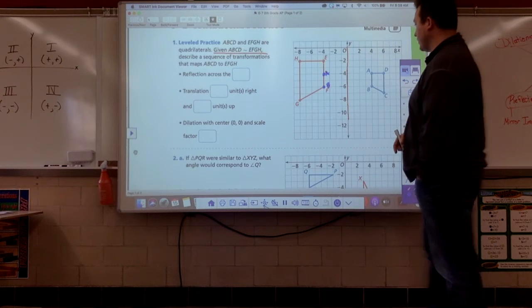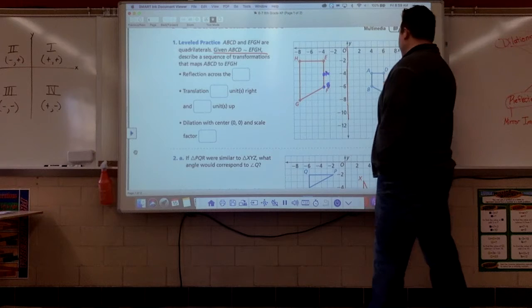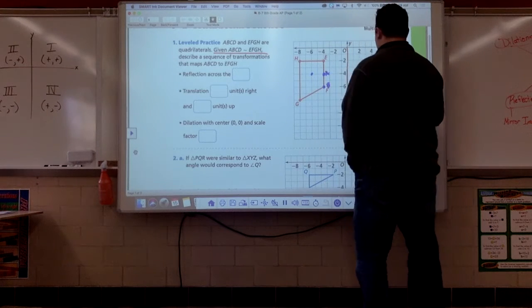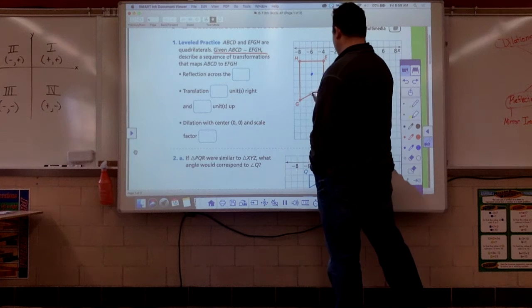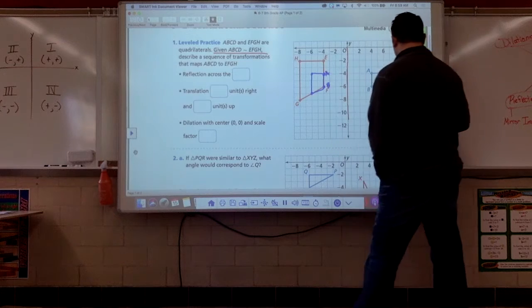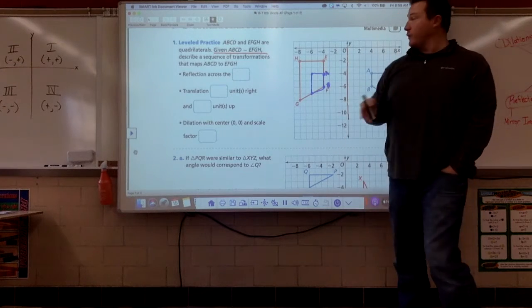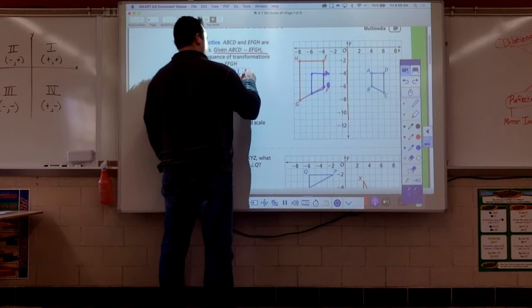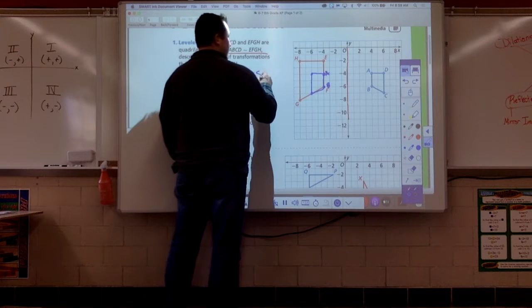D is going to be all the way over here, and C is going to be right here. Okay? So there we go. We have now reflected across the y-axis.